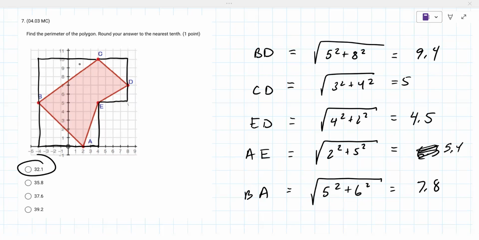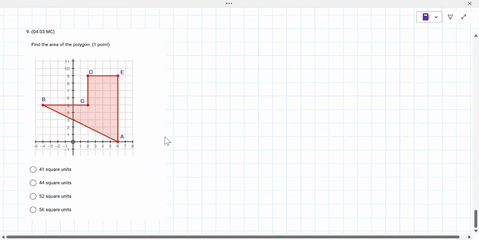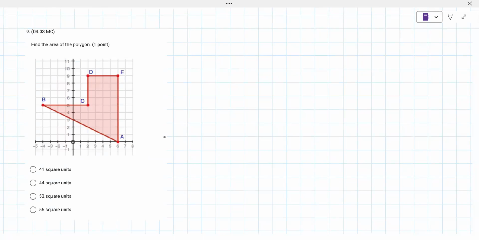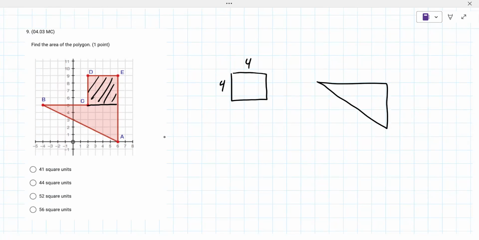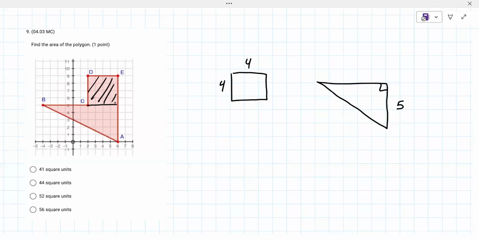Oh, another one. Okay. Oh, find the area this time. So I would cut this into this top shape and then this bottom shape. You try to cut it where you can. So the area of the top one looks like it's a square, 4 and 4. No big deal there. The other one is a triangle. So you need the base and the height. The height appears to be 5.